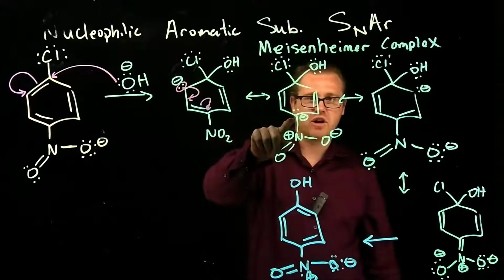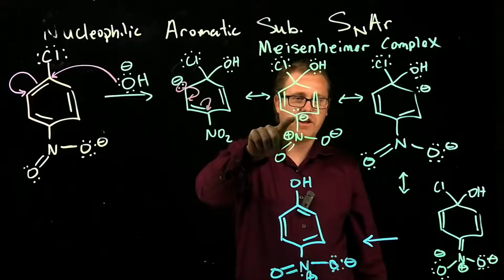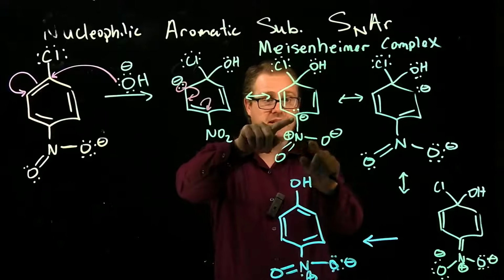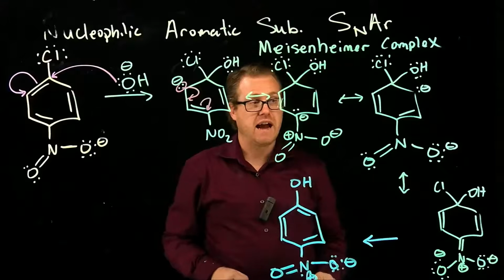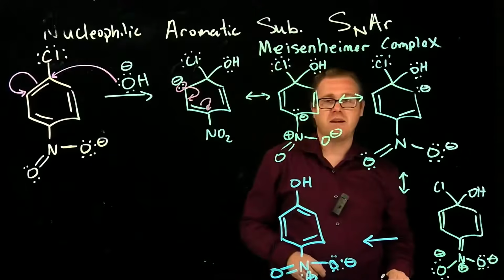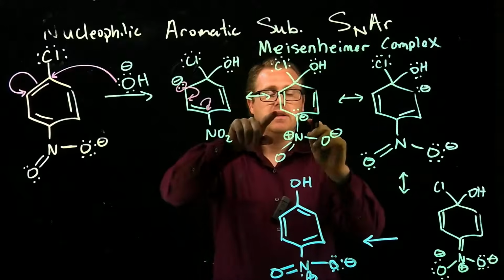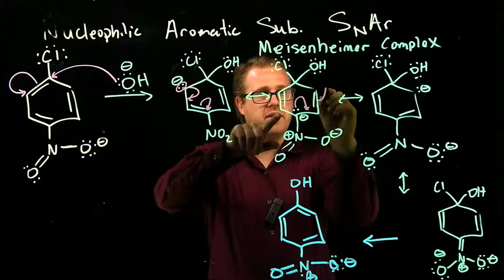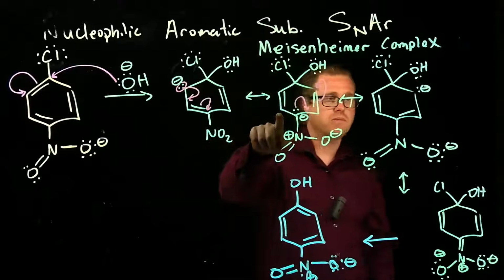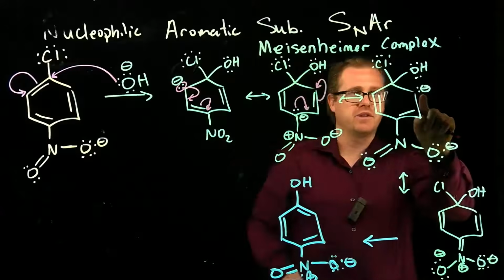So now we have a negative charge on here. You can see that's pretty stabilizing, because this is electron withdrawing, so it can pull the negative charge out of the ring to help stabilize that. But then to go to the next resonance structure, we have this, which gives us the negative charge here.